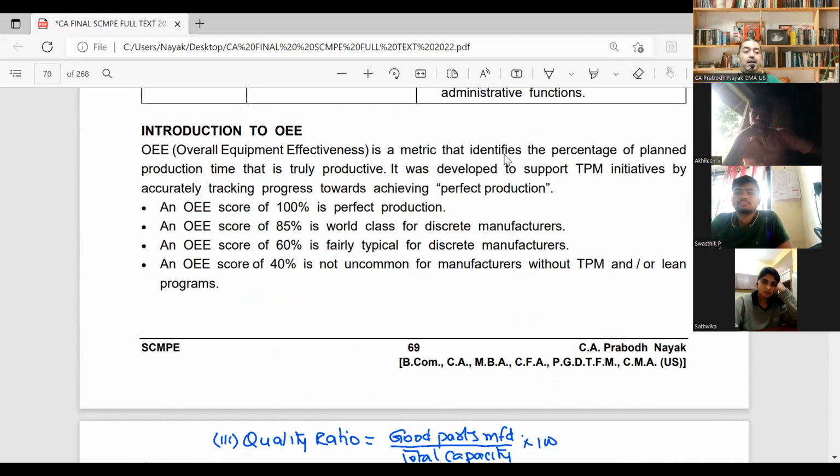Fairly typical, but it is less than world class. 85% is world class for discrete manufacturers. You should try to achieve that 85%.